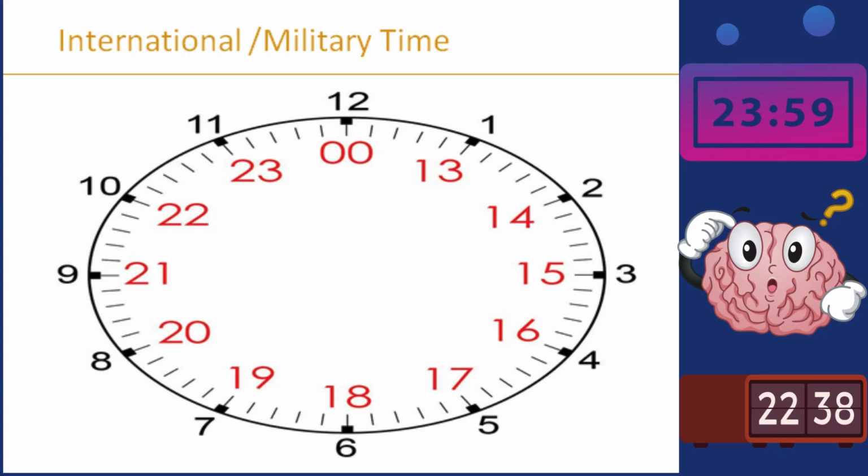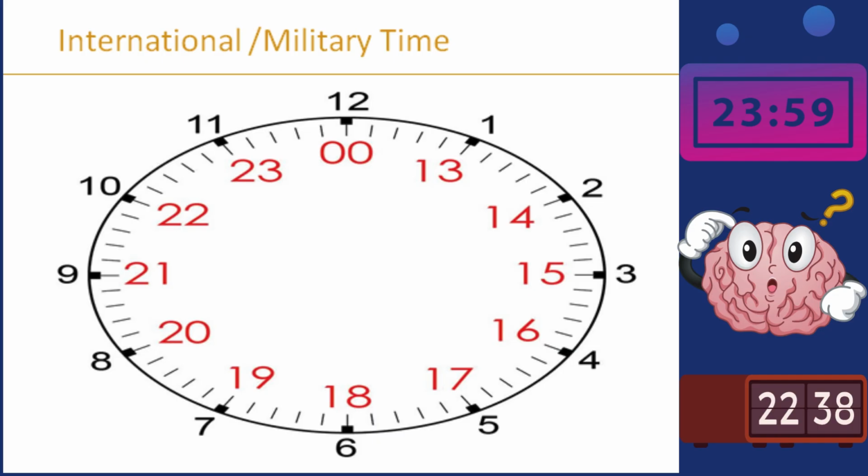So let's say it's in the morning. Okay, midnight is 0000, so that's midnight. If you're working night shift, 1 o'clock in the morning is 0100. 2 o'clock in the morning, 0200. 3 o'clock, 0300. 4 o'clock in the morning, 0400.